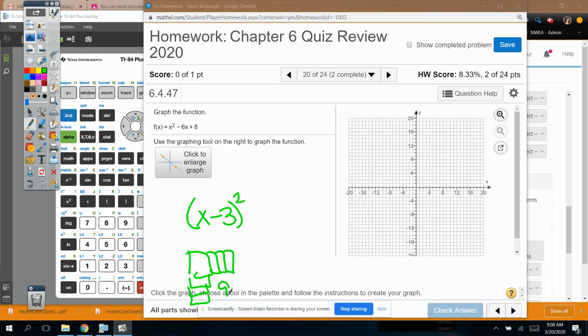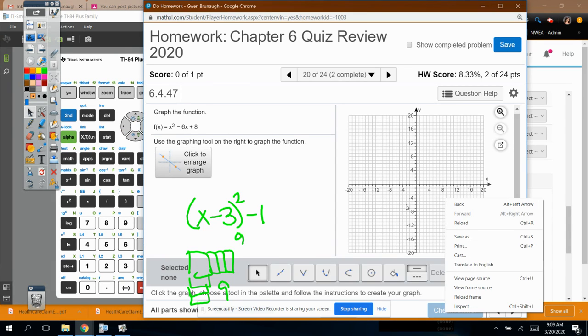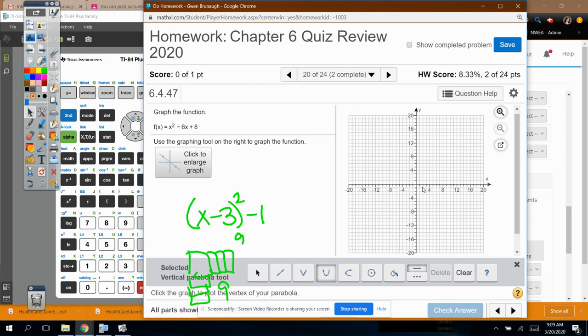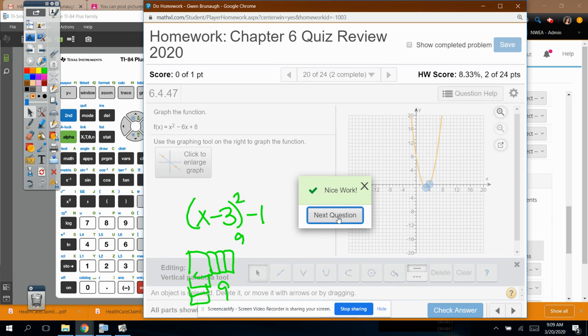That would put a 9 in the corner, but I don't have 9, I have 8, so I'd have to subtract 1. So my vertex is to the right 3, down 1. Your technology could tell you that as well. That will be my vertex. From there you can go over 1, up 1, over 2, up 4, and that's it.